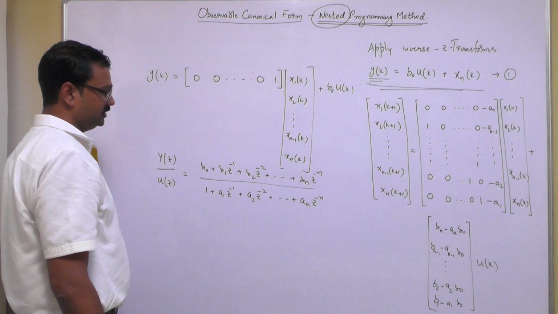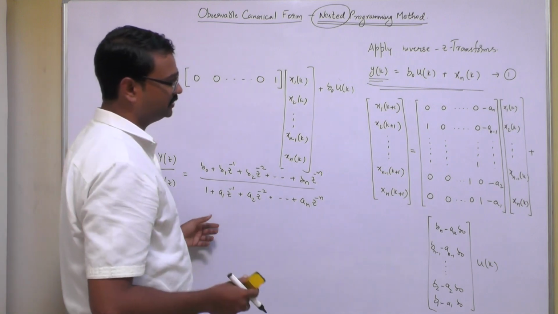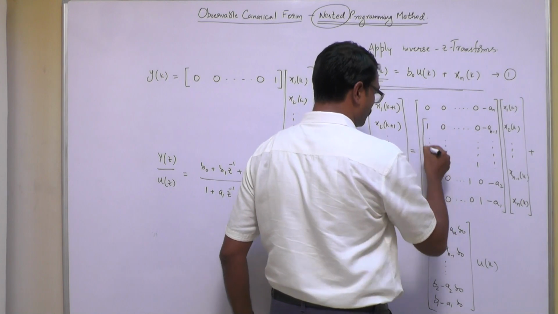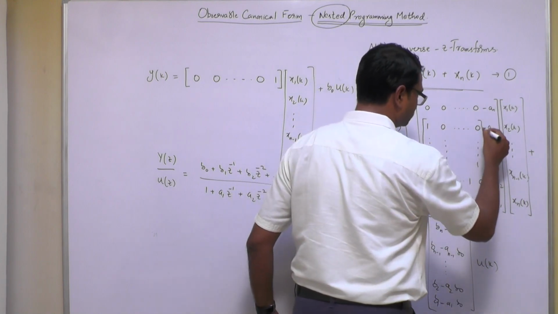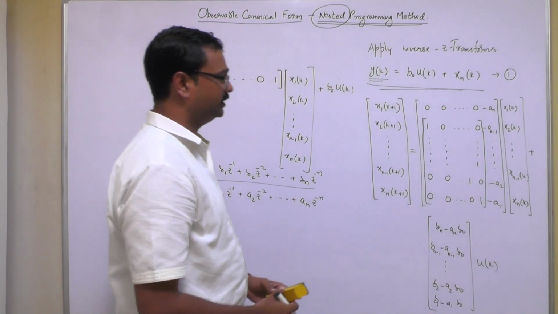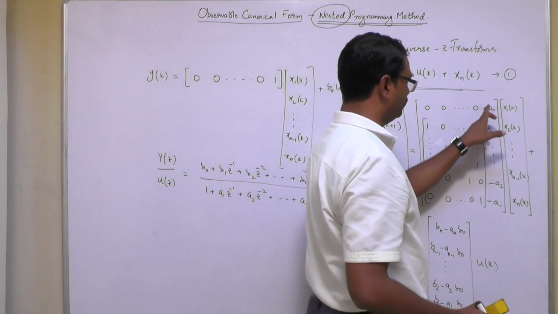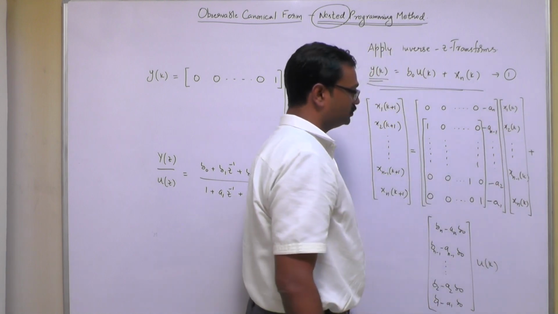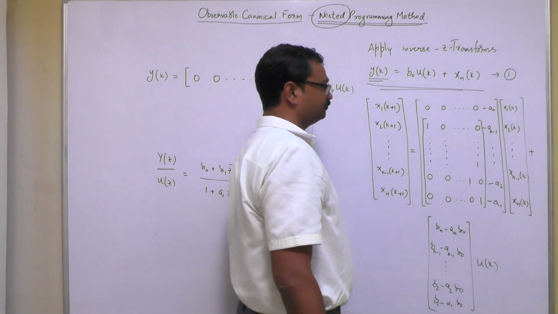Now when we are having these equations, you can just simply state that we are having the identity matrix in this area, and the first row you have, and the last column you have minus an minus 1, so on up to minus a1.